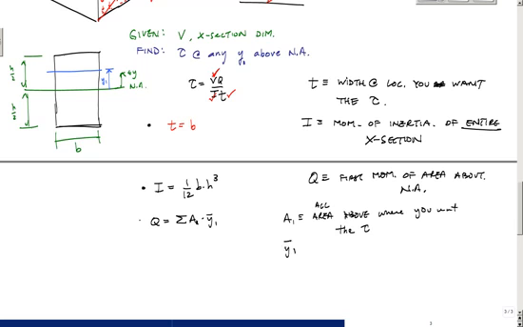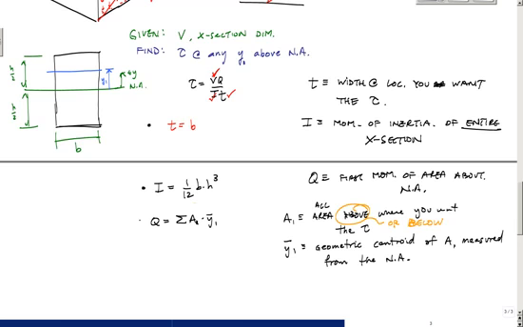And Y bar 1 is the geometric centroid of A1 measured from the neutral axis, okay? From the neutral axis. And this area could actually be all the area above, or, I want to put in orange here, be all colorful, or all the area below where you want to know the tau, okay? Where you want the tau.